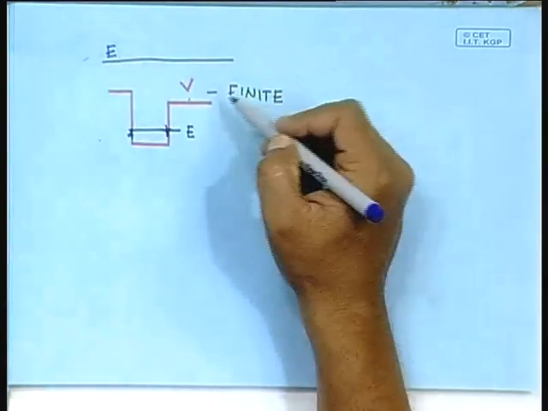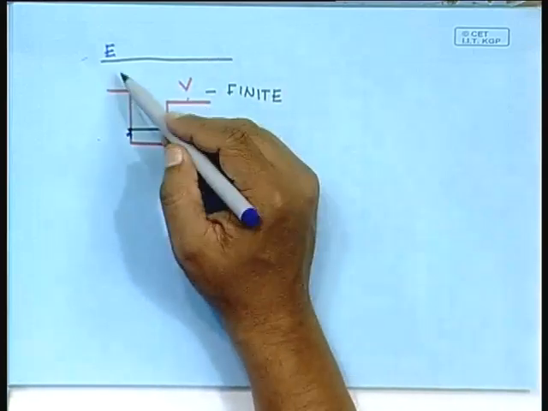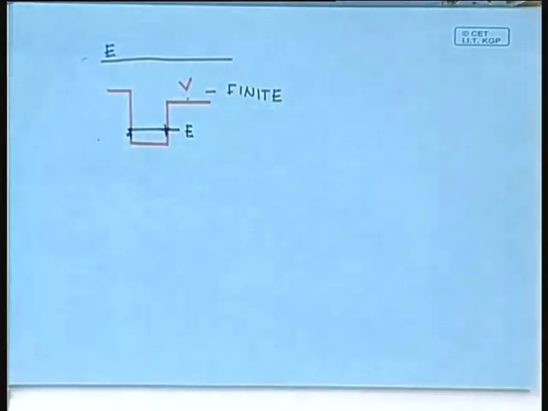Whereas if the energy is more than the value of the potential, we have seen that you have these plane wave solutions, and you have solutions for any value of the energy. So, this is a very generic feature which occurs whenever you have a particle which is constrained within a certain region by a potential.